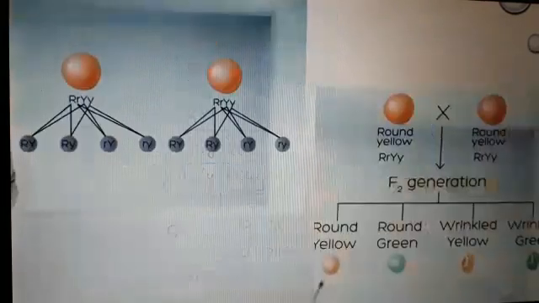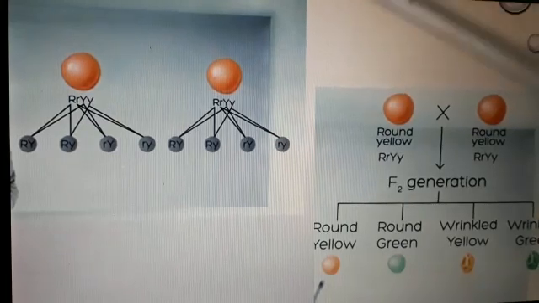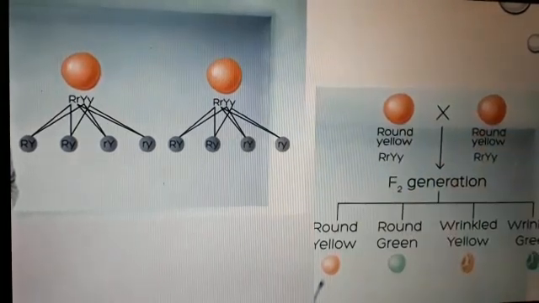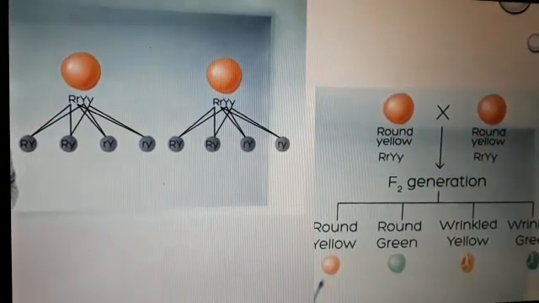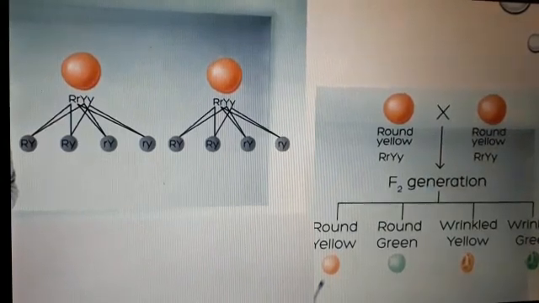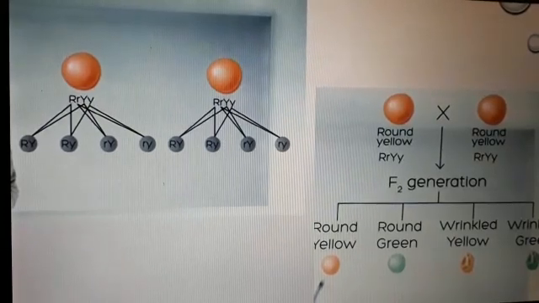Now, the gametes produced when we crossbreed the F1 generation are capital R capital Y, capital R small r, capital Y and small r small y. We are crossbreeding the two to get the F2 generation, which we will understand with the help of the Punnett square.